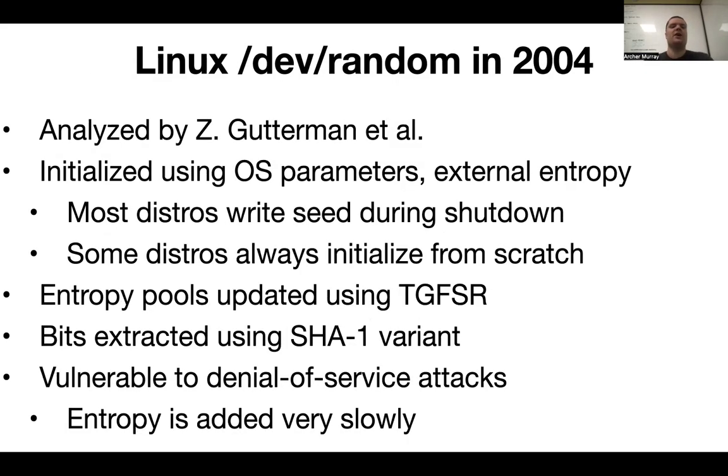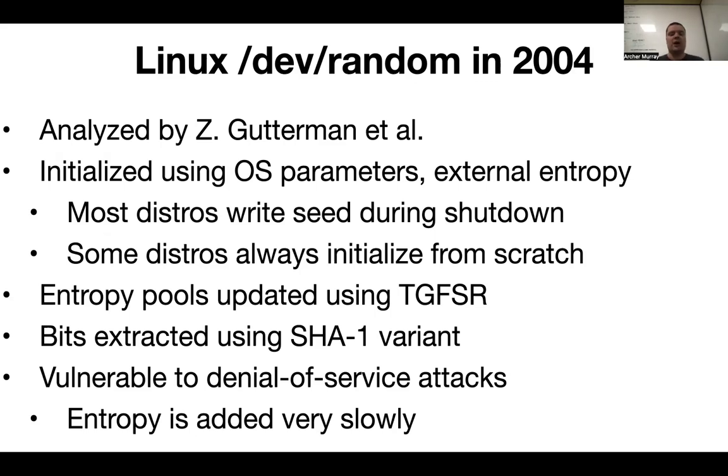Now, Z. Gutterman and others analyzed how /dev/random worked in Linux in 2004. In that version, /dev/random is initialized using a combination of OS parameters and external entropy.